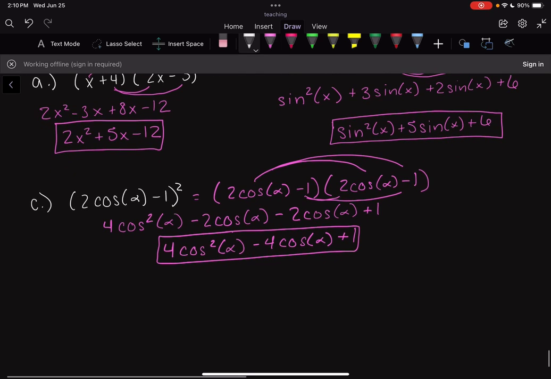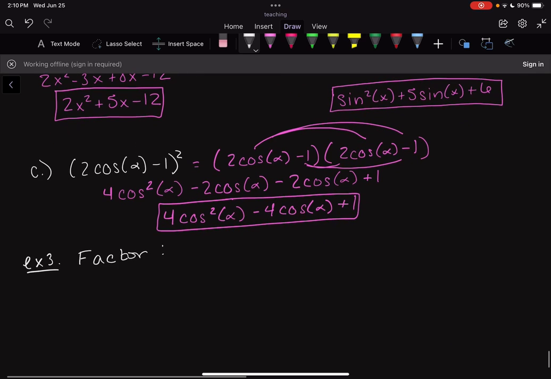So that's some multiplying polynomials review. Now we're going to do some factoring review. So I'm just going to say to factor these. And I want to start off with an algebra one, just like I did for the last example.